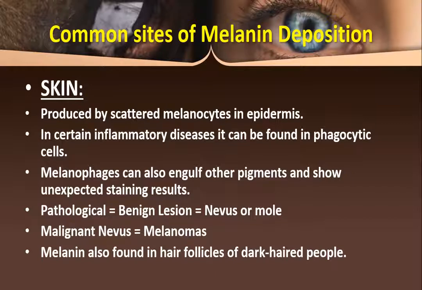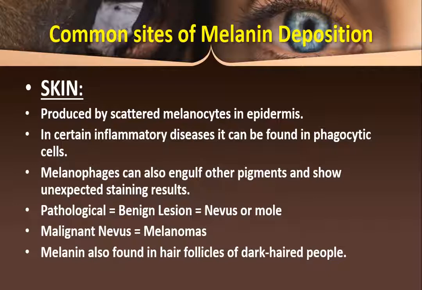In certain acute inflammatory diseases, it can be found in phagocytic cells, because macrophages or phagocytic cells are involved in the engulfment of excessive melanin. When phagocytic cells engulf or phagocytose melanin, then melanin gets deposited into phagocytes as well.